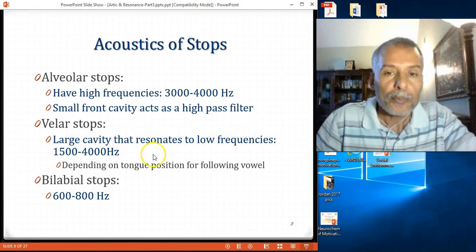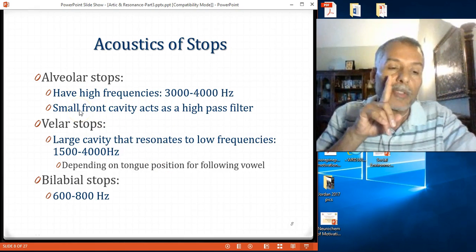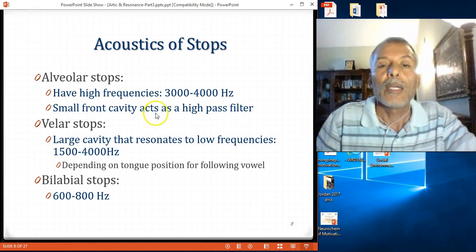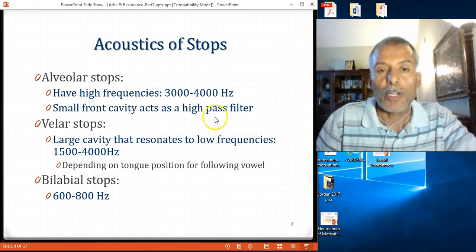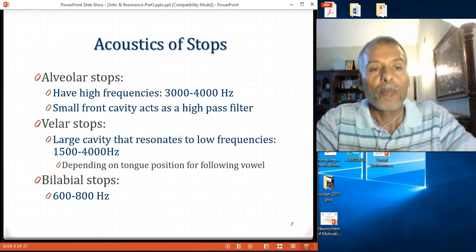The small cavity in front of the alveolar ridge, between it and the lips, becomes a high pass filter. It means it passes high frequency sounds.